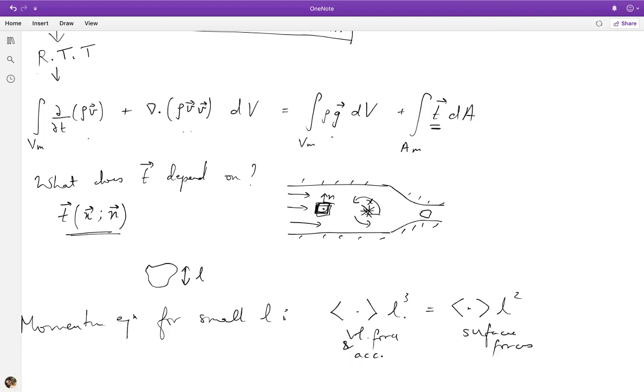So you see now that as L shrinks, clearly the left hand side, the volume terms will go to 0 faster than the right hand side because of the L cube versus the L square dependence.